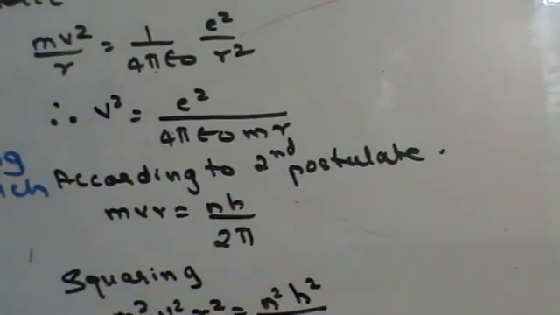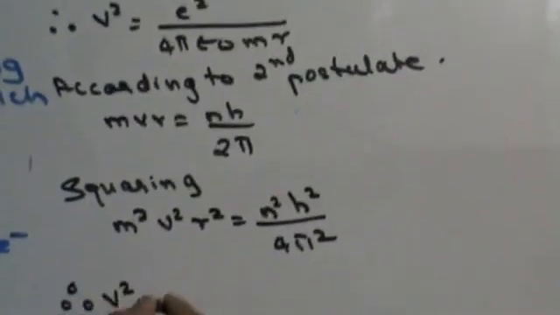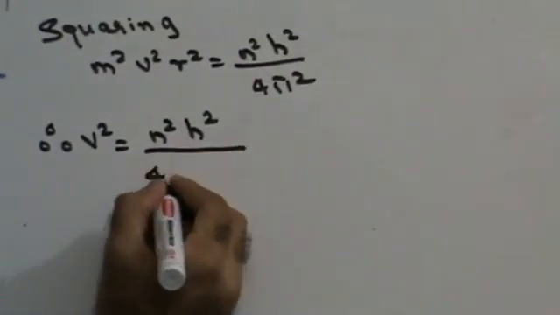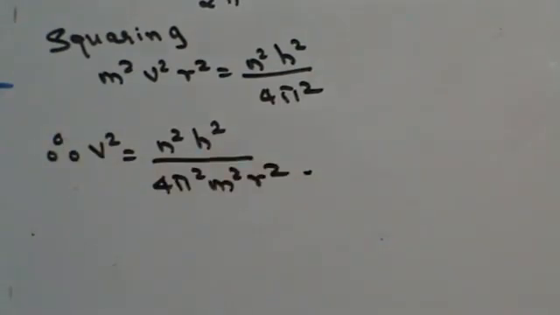Fine. So in that case, I will get v square is nothing but n square h square upon 4 pi square m square r square, right? From Bohr's first postulate also I got v square, from Bohr's second postulate also I got v square.